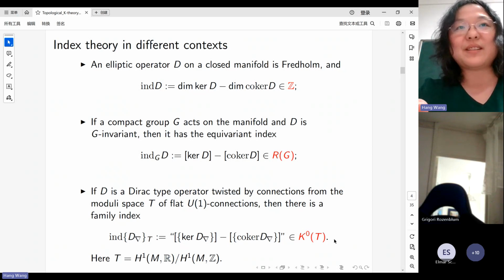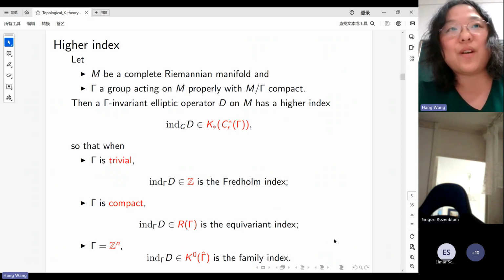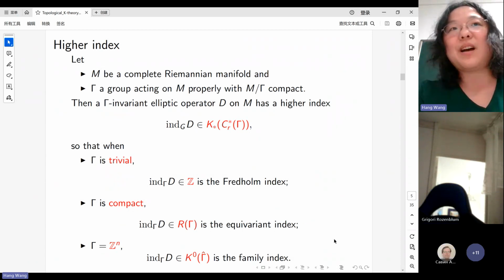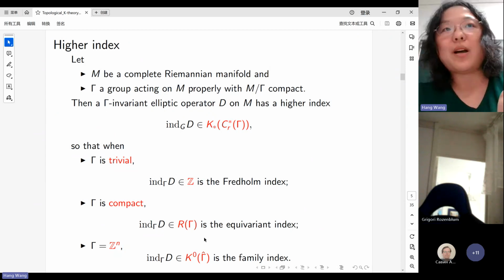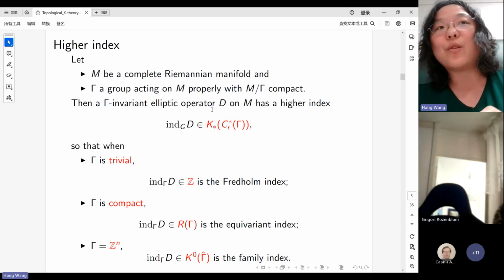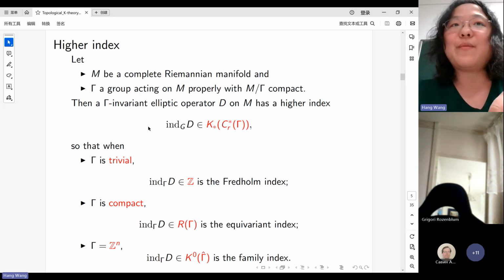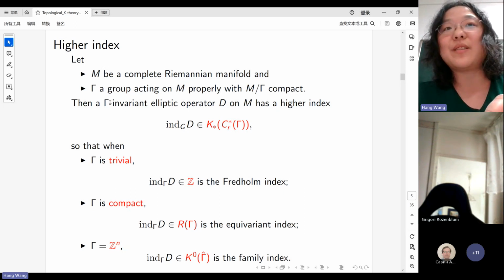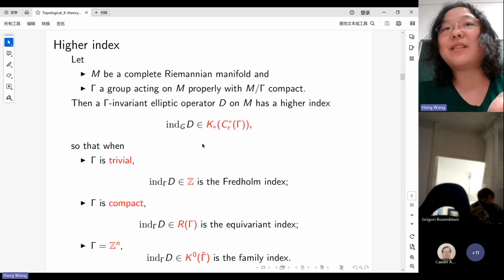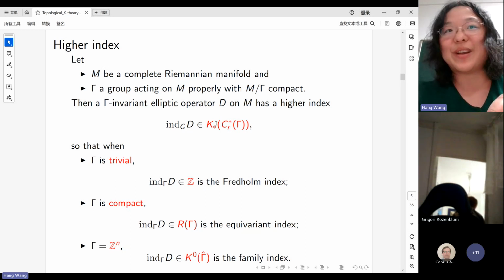And all these index theories in different contexts can be unified in the setting of higher index, which considers this situation. If M is a compact Riemannian manifold acted on properly and co-compactly by a group gamma, then if we consider an elliptic operator D on this manifold which is invariant under this group action, there is a higher index inside the operator algebra K-theory of some algebra related to this group.